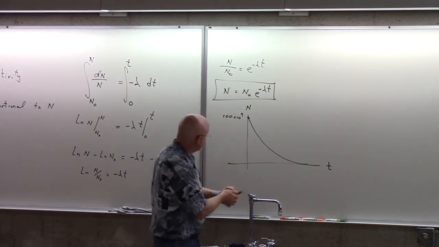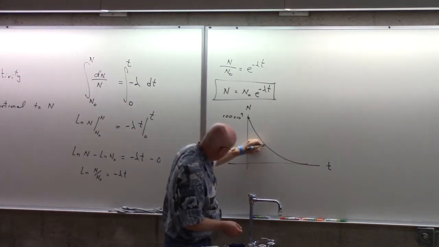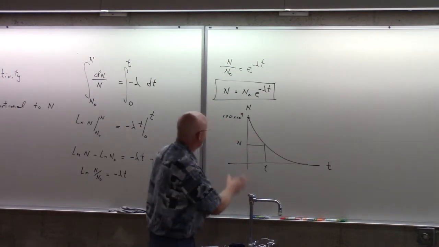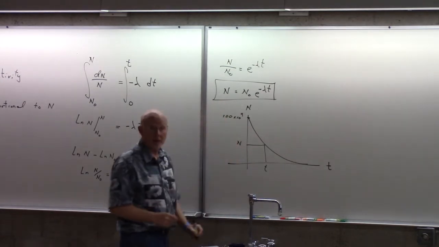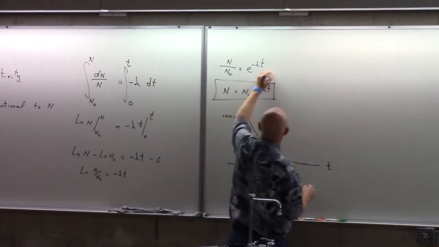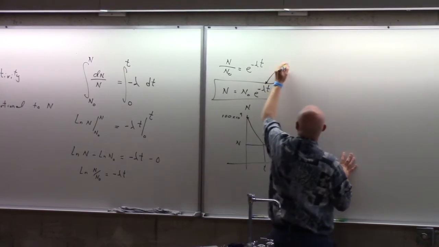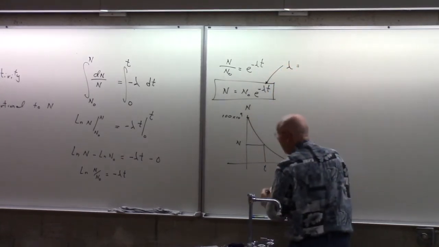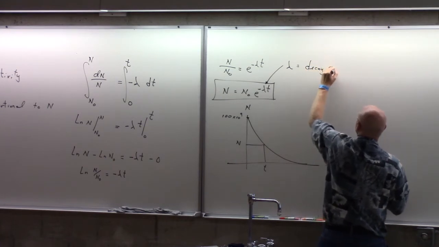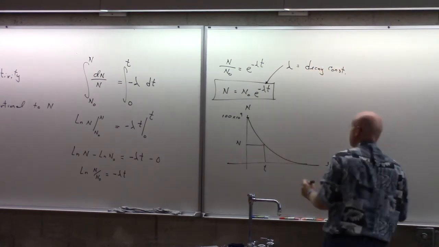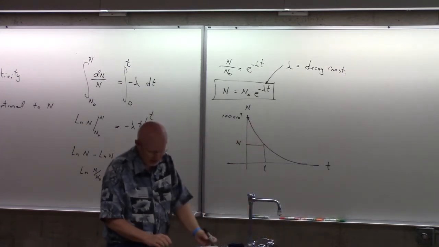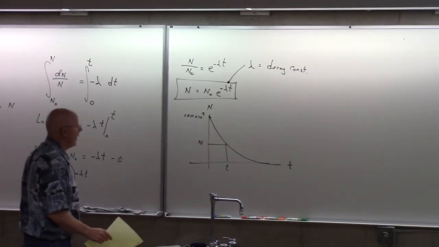And if you were to ask yourself how many you have after a period of time, they would follow this mathematical equation. And so that's why I said a good name for this alpha is the decay constant. It is a rate at which it is decaying away.